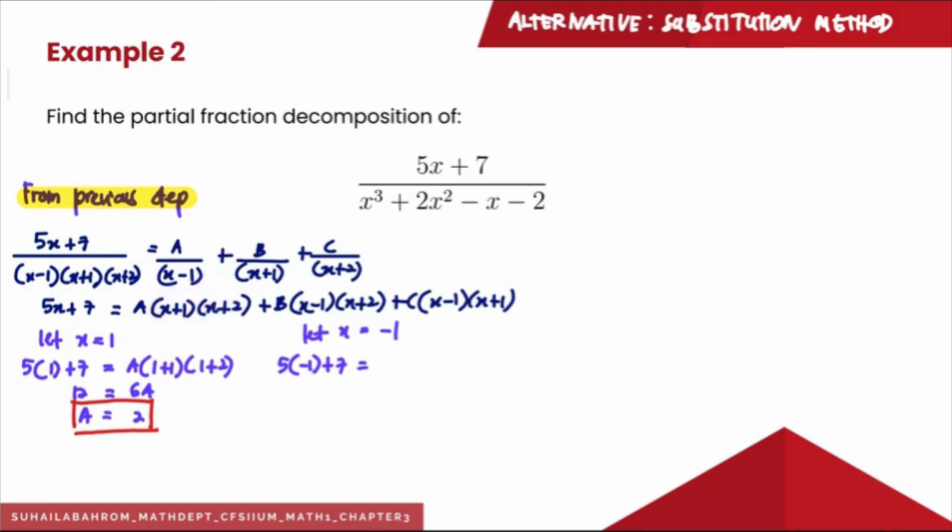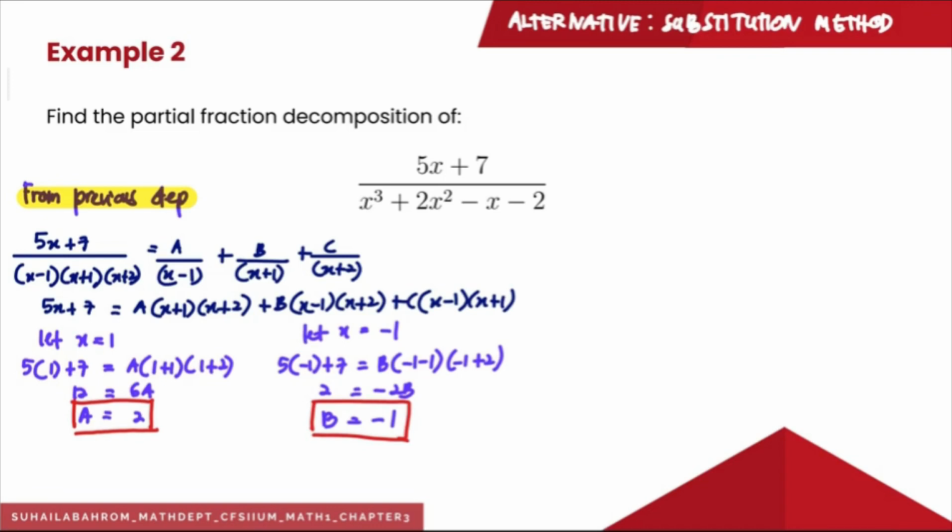And when you substitute negative 1 into the term of C, this also becomes 0. What is left is only the term containing the constant B. So we get B times (negative 1 minus 1)(negative 1 plus 2). Therefore, on the left hand side, you will get 2 equals negative 2B. Therefore, B equals negative 1. So you get the constant B directly.